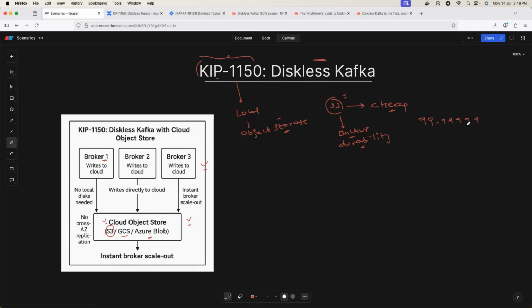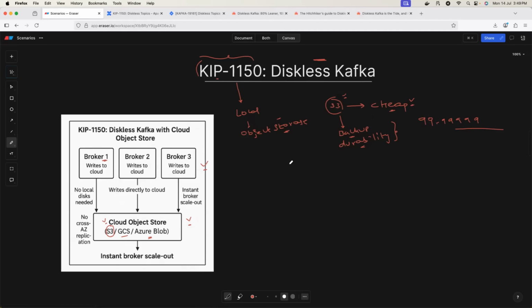So when you write data to S3, AWS ensures your data is 99.999999999% durable. So chances of losing data or your data not being available are very, very rare. It's a cheap solution, and it is backing up the data in multiple availability zones, multiple regions. So your data is also highly reliable.